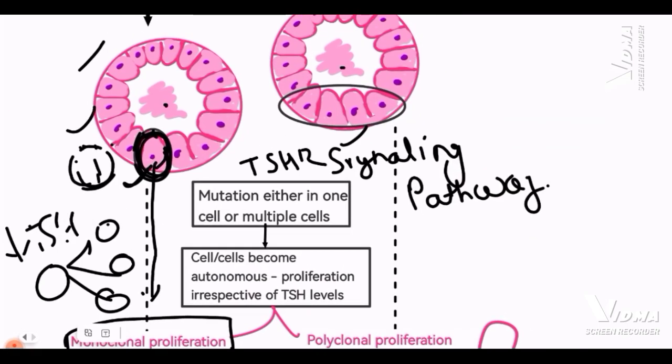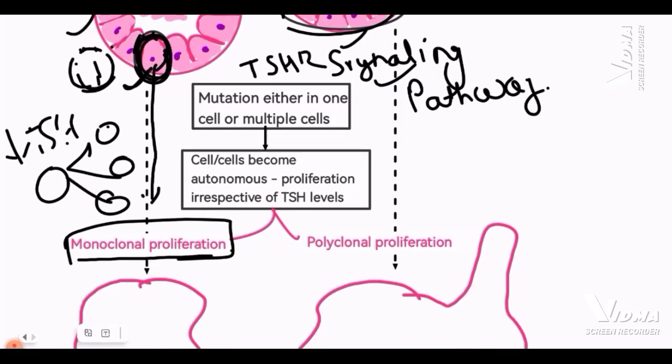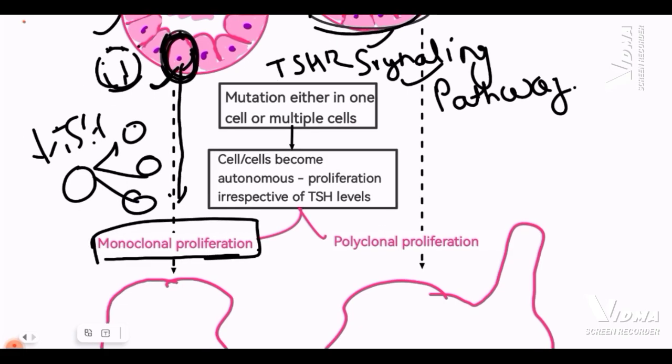And in this case, two or more cells from that follicle undergo mutation. The same mutation is occurring in these cells also, but here two cells give rise to many cells.